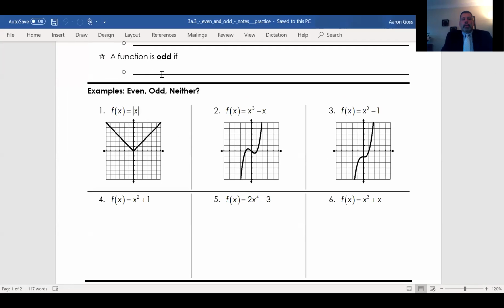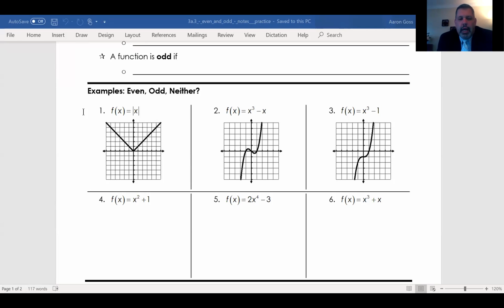So I'm going to look at 1, 2, and 3 as even, odd, or neither. I'm going to take my definition. Number 1 has f of x equals the absolute value of x. That's the graph of the absolute value. Looking at that, is it even, odd, or neither? The first question is, is it symmetric across the y-axis?